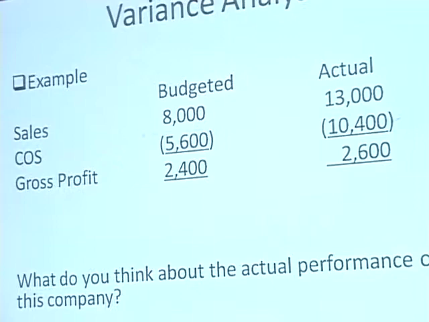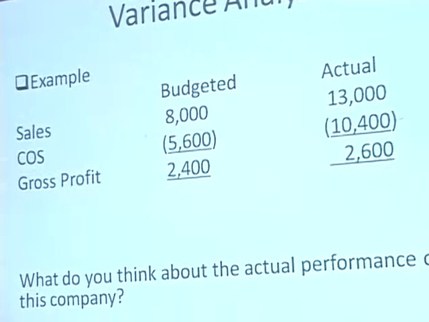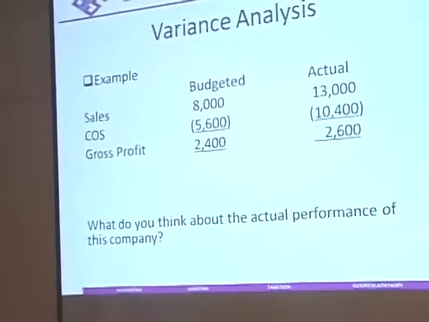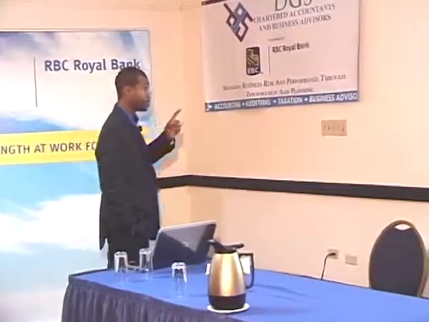Not necessarily, right? Because we need to calculate our gross profit margin ratio. When we calculate it for the budgeted results, it would be 30%, while the actual gross profit margin is about 20%.